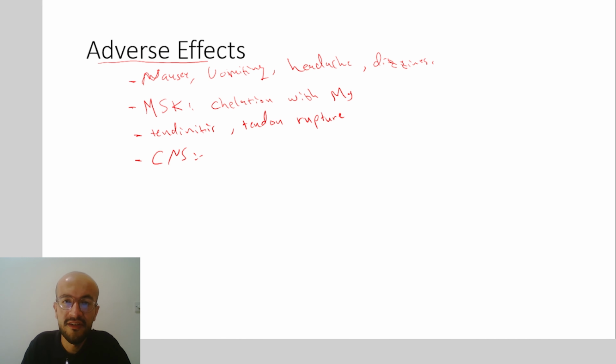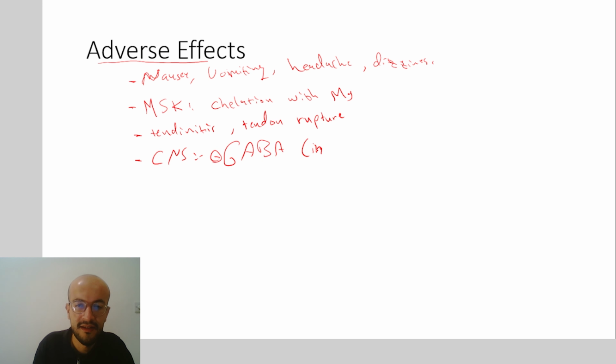Seizures occur in people who are susceptible to seizures because the quinolones inhibit the GABA receptors. The GABA receptors act as inhibitory in the central nervous system, and inhibiting the inhibitory leads to central nervous system excitation, and it might lead to seizure in 1% of the people who have epilepsy. So it is low, but we should take it into consideration.